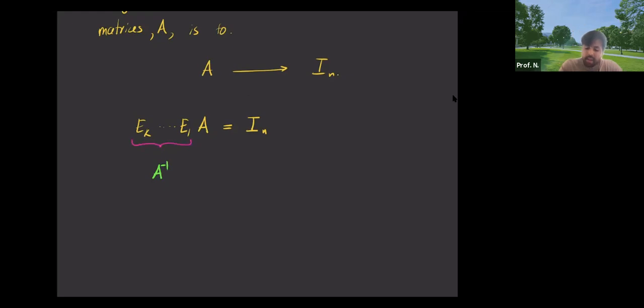Why does it become A inverse? Because we have a product of matrices, which we can make into one whole blob. So this whole thing becomes a matrix that, when you multiply it by A, gives you the identity. So the idea is that A inverse is equal to the product of the elementary matrices.